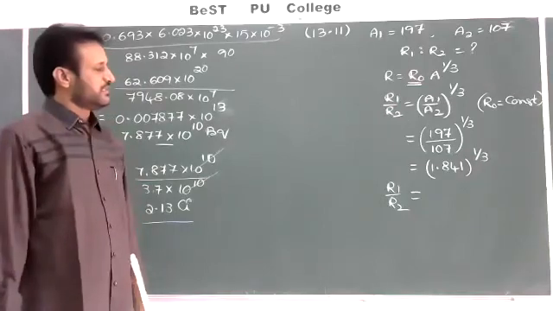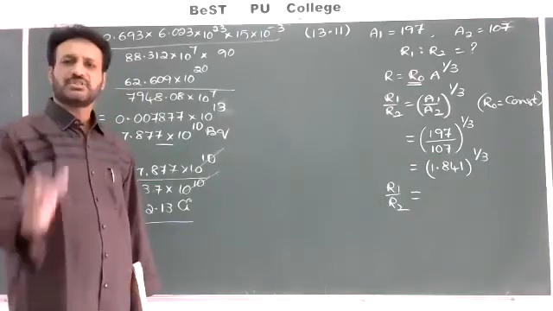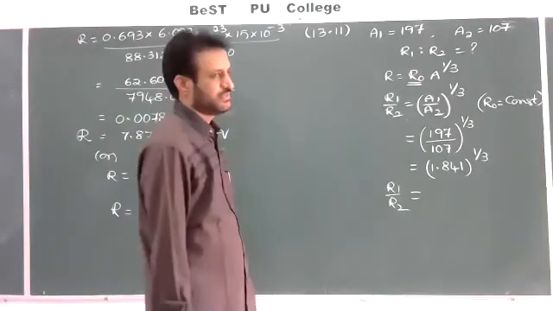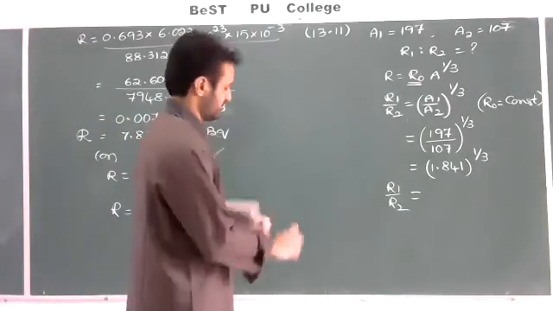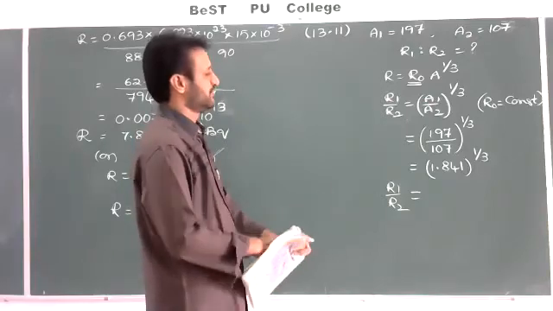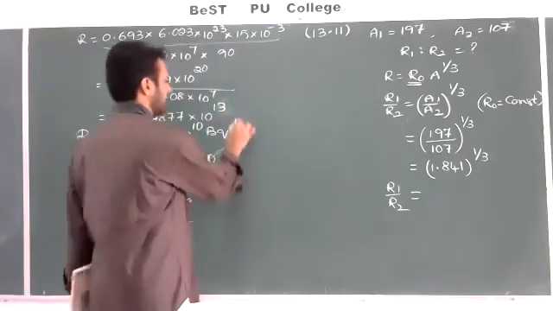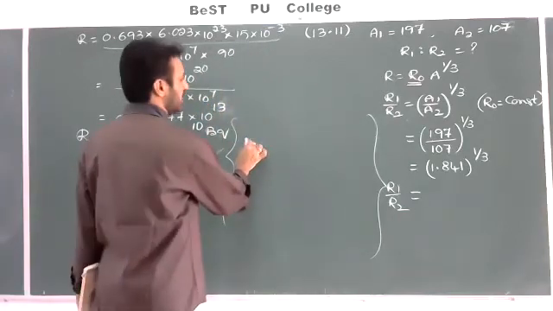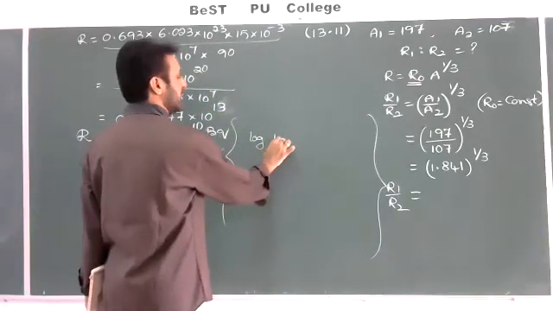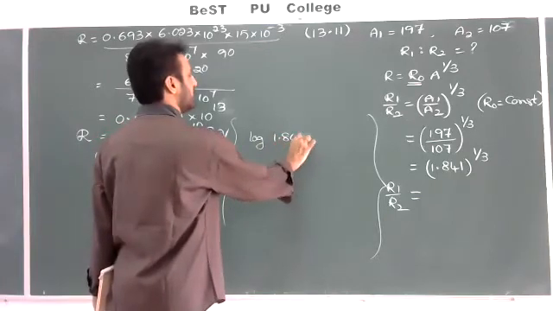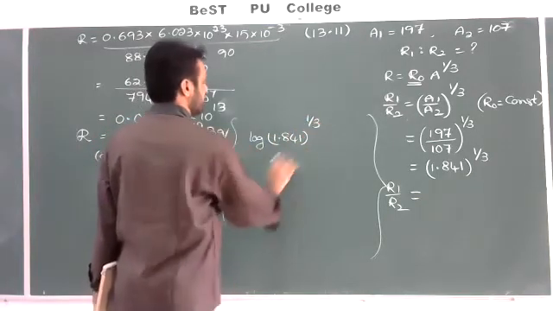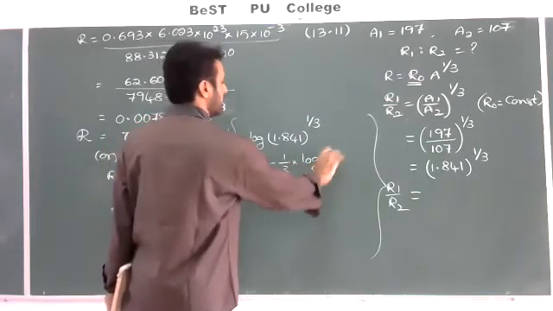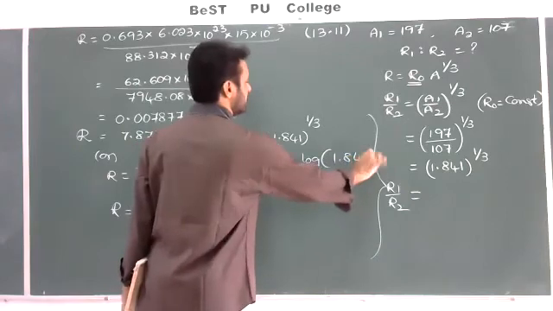If you are unable to calculate directly, you have to use logarithm. How to calculate the cube root indirectly: you should take the log. 1.841 whole to the power of 1 by 3 is equal to 1 by 3 into log 1.841. It is a method.